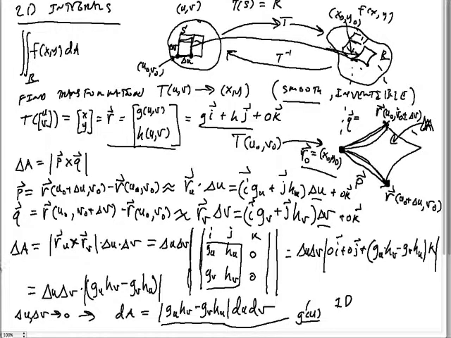So let's just write this down. I'm going to get a new sheet of paper here. The idea here is we have some T of (u, v), and I'll write out the formula here. That's going to be equal to (x, y), which is (g(u, v), h(u, v)), a vector.